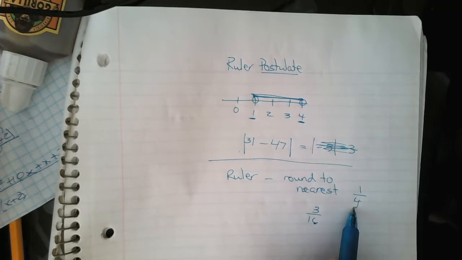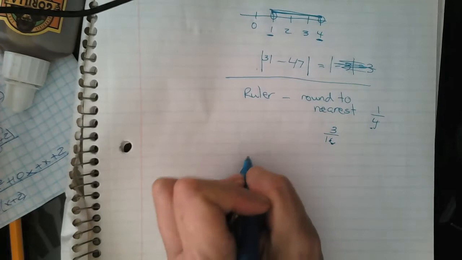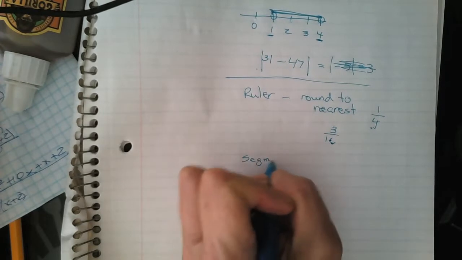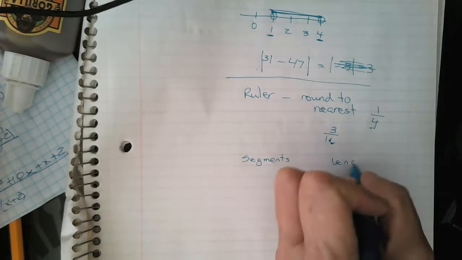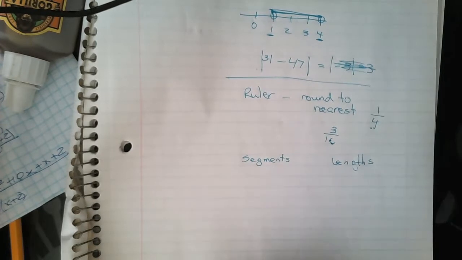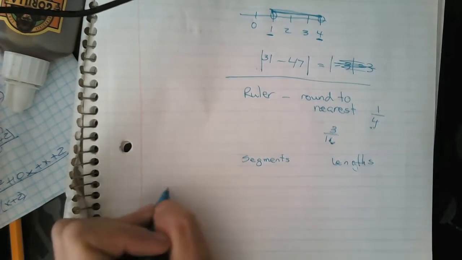Here's another basic issue. We have segments and lengths of segments. They're symbolized differently. So if I have line segment AB, if I write AB without the line on it, it means the length of it, right?